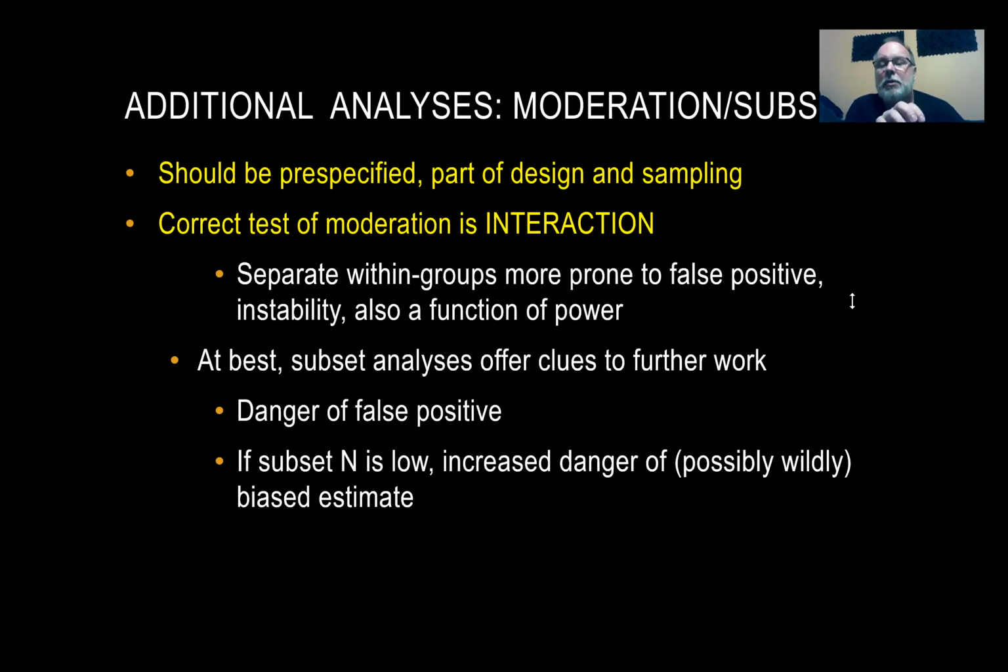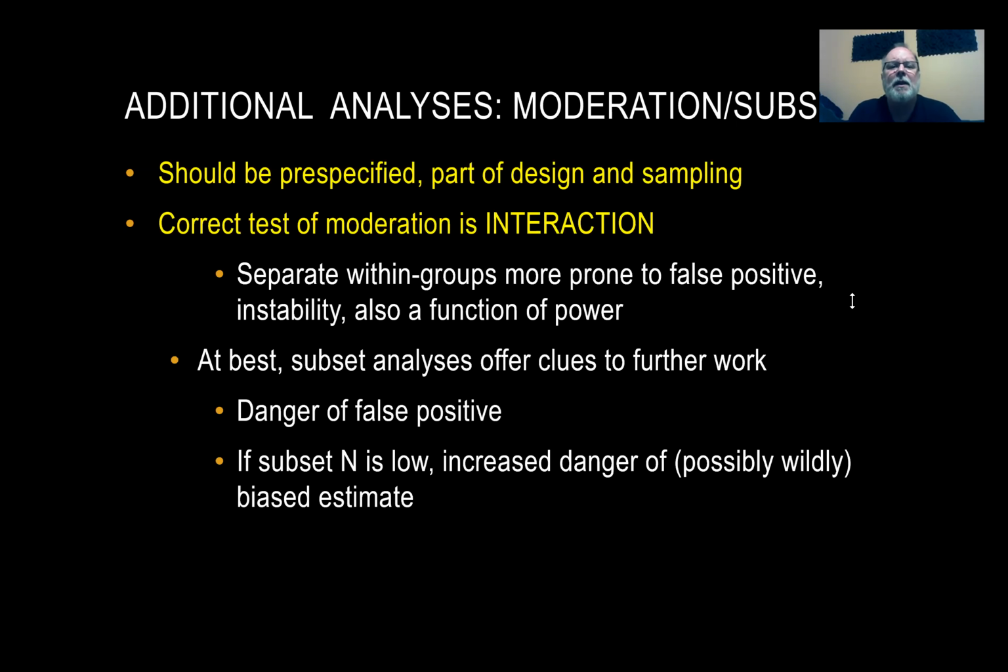Do not split your groups and then compare the treatment to the control within those groups. That is really just wrong with a capital W for all sorts of reasons. Even when doing it right with an interaction, there's a danger of false positives. Sometimes the subset of the N is low and you can get wildly biased estimates.